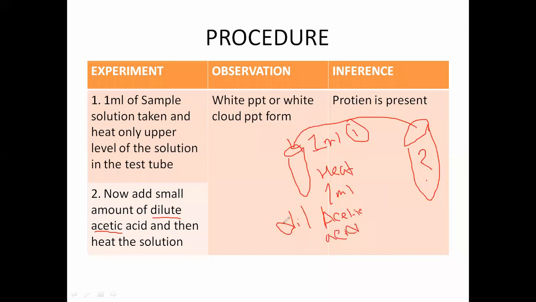This is the second step. First you take 1 ml of the sample solution, then heat a little bit, then you take dilute acetic acid in the test tube in the second step. While adding the acetic acid, the solution will coagulate.